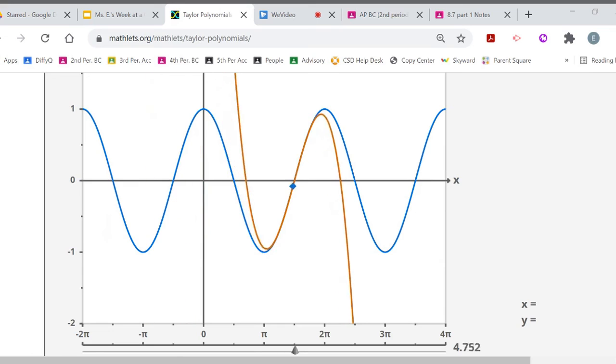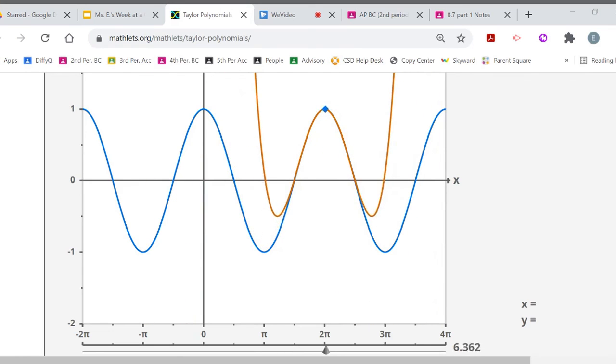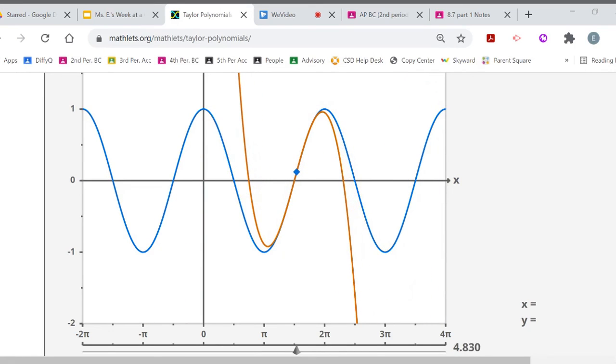Anyway, you could center these things anywhere. The way they look definitely changes. Like here, if I was to center it at about 3 pi over 2, the way things would fall would be a lot different, but you'd still end up with the same concept of a polynomial that's hugging the curve that you're trying to model tighter and tighter, but tightest, of course, at wherever you centered it.